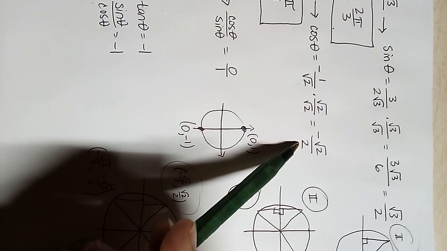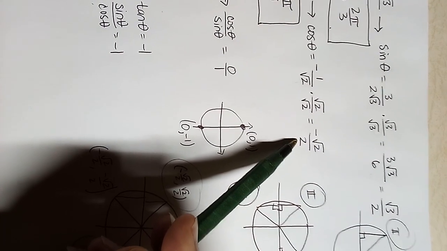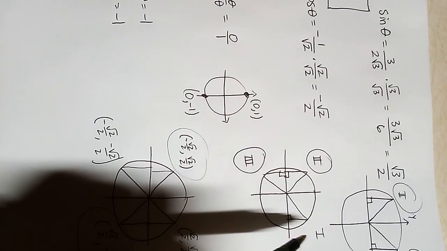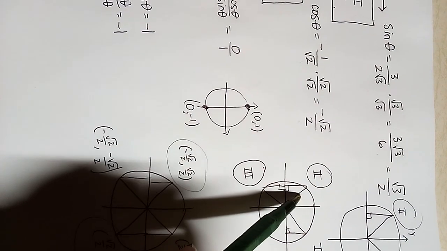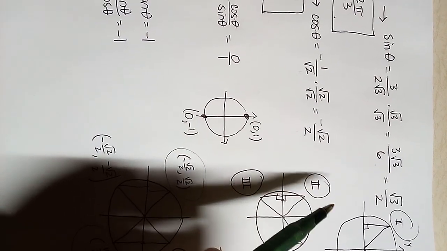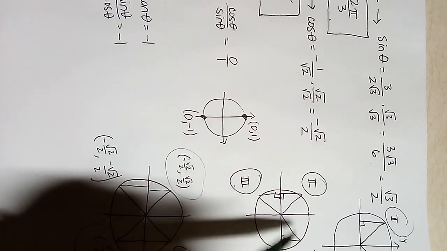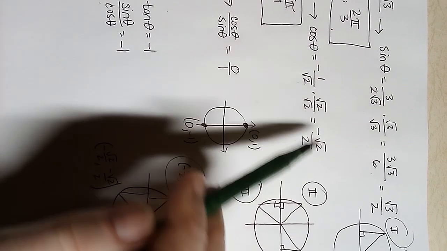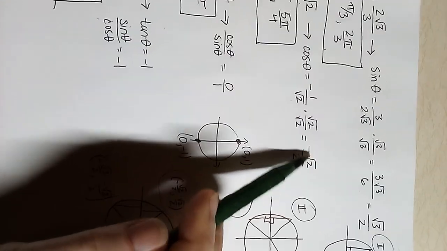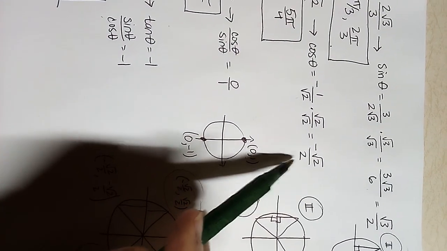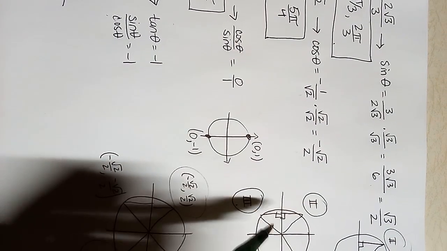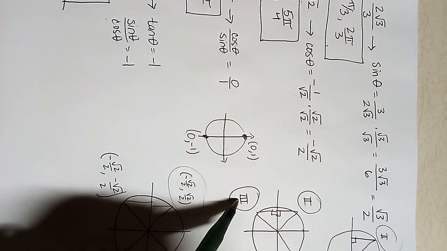Cosine is the x value, and I recognize that cosine is negative in quadrant 2 and quadrant 3. If you look at your unit circle, you'll be able to locate where cosine is negative root 2 over 2, and it's in quadrant 2 and quadrant 3.